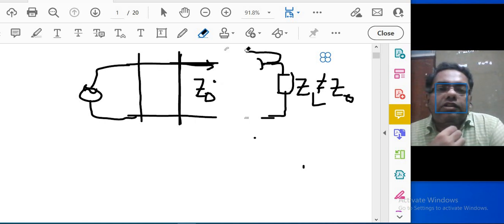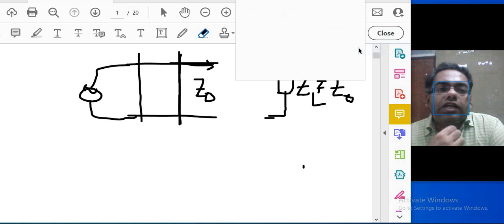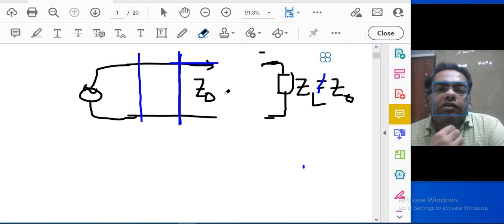That means in between I will connect a section of transmission line like this. Suppose here I connect a transmission line in between, this blue color.